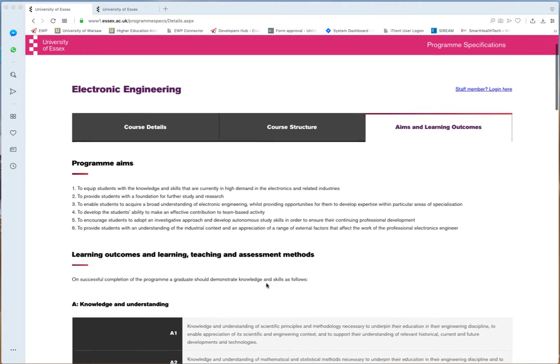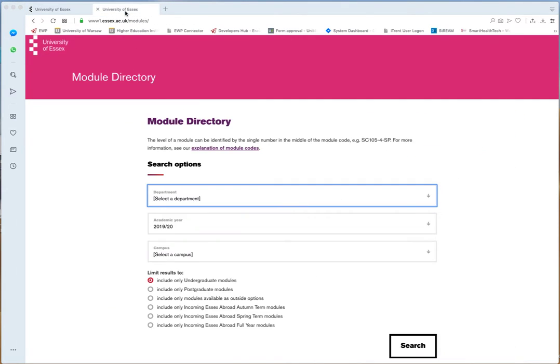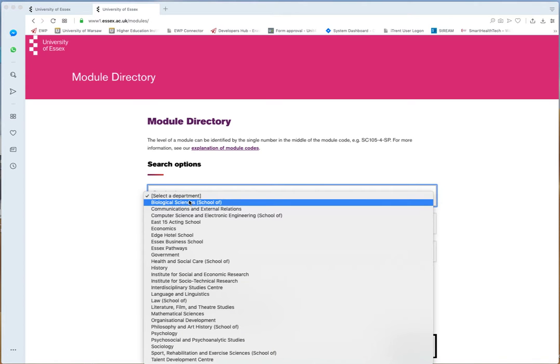Okay, if we press on to the module directory to look at a particular module, we call a module a unit, which in UK credits is typically 15 or 20, which is equivalent to 7.5 ECTS or 10 ECTS. So they're sizes that probably most of you are familiar with.